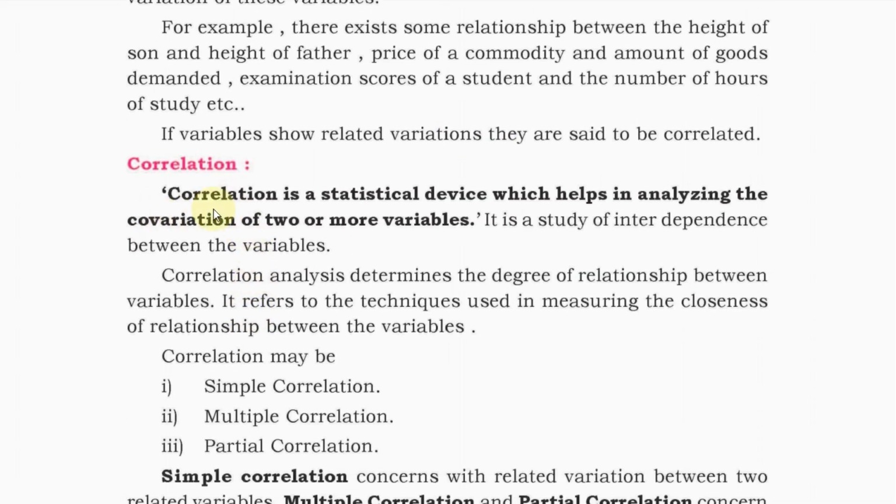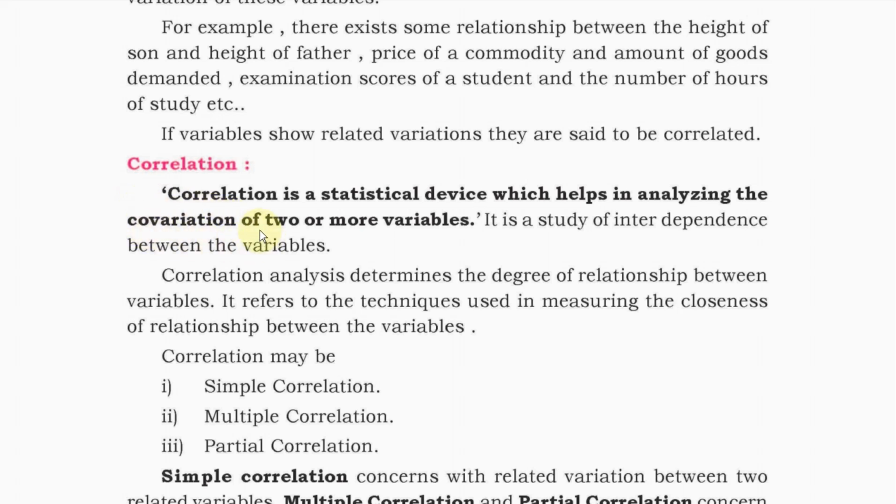Here is the definition. Correlation is a statistical device which helps in analyzing the covariation of two or more variables. It is the study of interdependence between the variables. You have heard about the term variation, that is, dispersion, variation within the data.